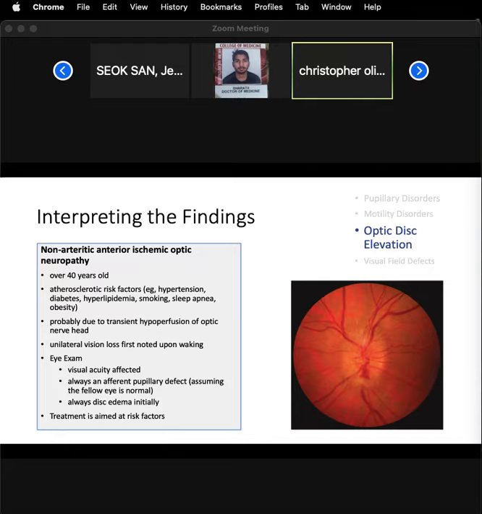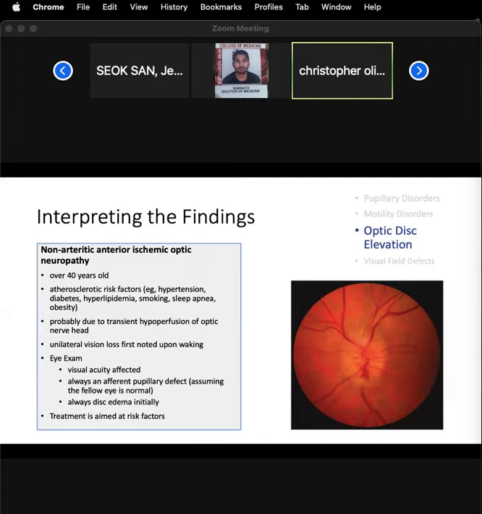Most likely has hypertension, DM, hyperlipidemia, is smoking, has episodes of sleep apnea, and maybe obese. So this is probably due to a transient hypoperfusion of the optic nerve. So unilateral vision loss is first noted upon waking up.